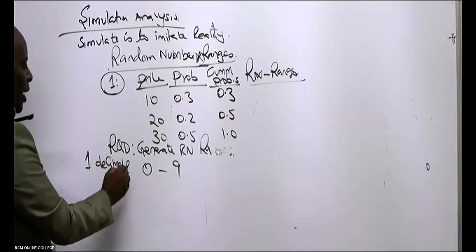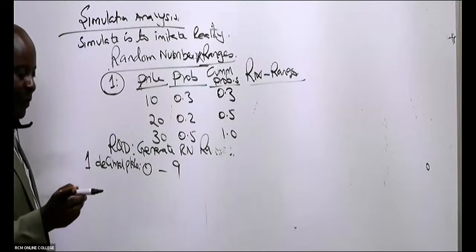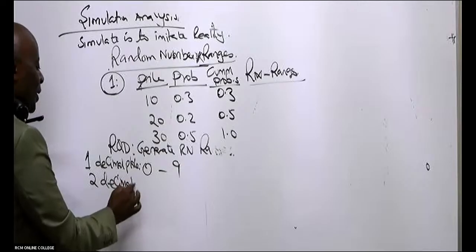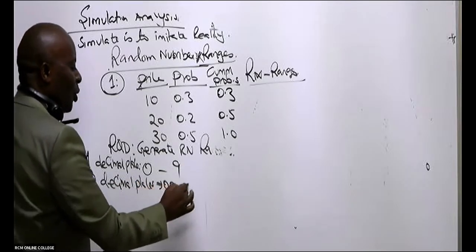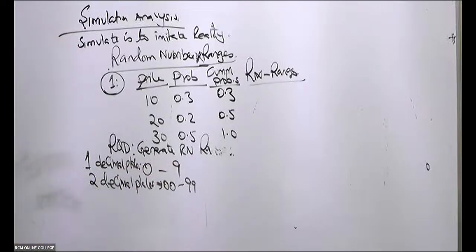If there were 2 decimal places, we say 00 to 99. You must write this as a note somewhere. And so forth, if there were 3 decimal places, you write 000 to 999.